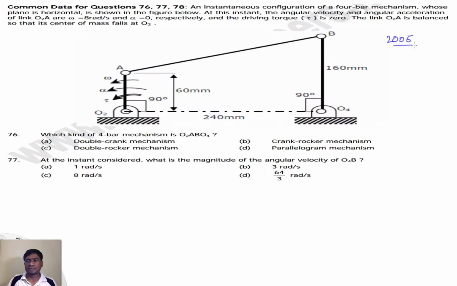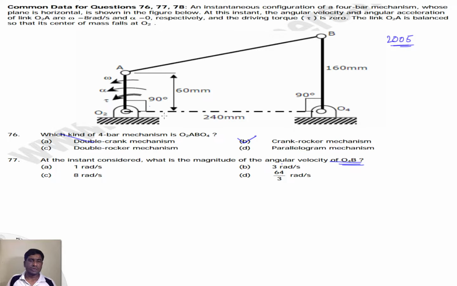So last in 2005 we have already solved this question using the instantaneous center method, and I'm skipping the first bit because we have already seen this is a rocker mechanism. We need to find out, in the second bit, the magnitude of angular velocity of O4B.